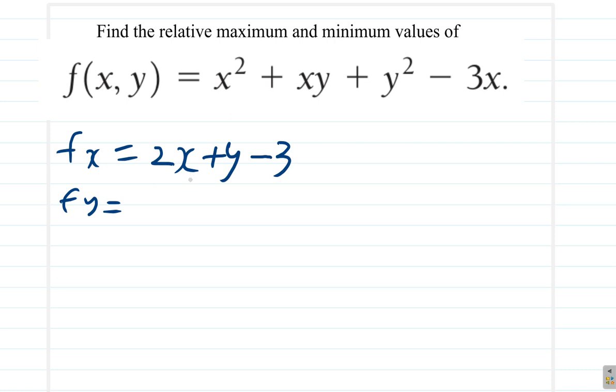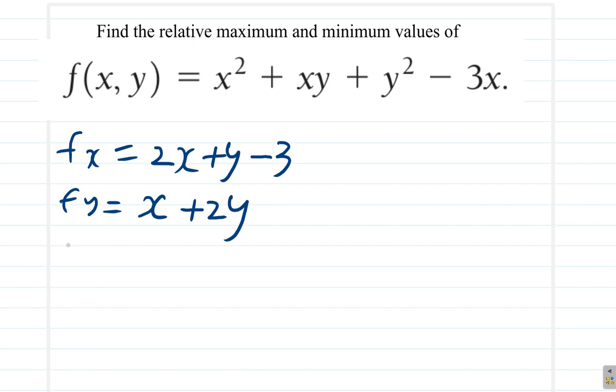Remember, when we differentiate it with respect to x, we treat y as a constant. So when we differentiate it with respect to y, we treat x as a constant. This would amount to 0. xy would be x, the number, times y, differentiate with respect to y, we get x, plus 2y, and this will become 0.